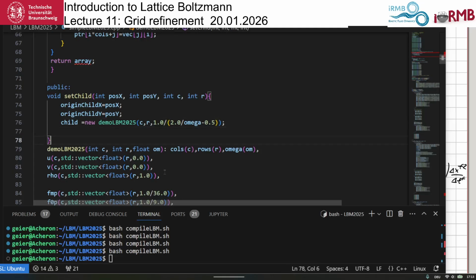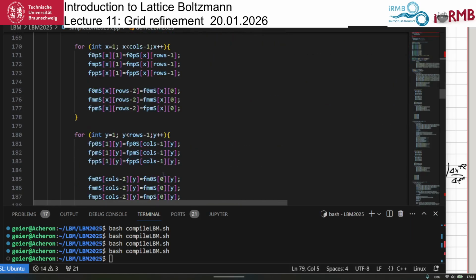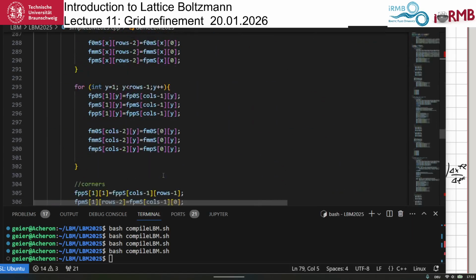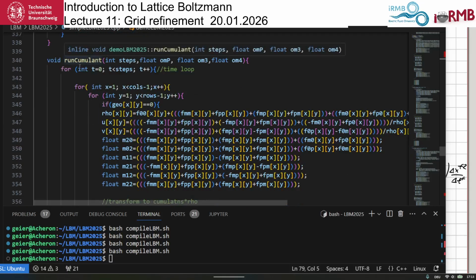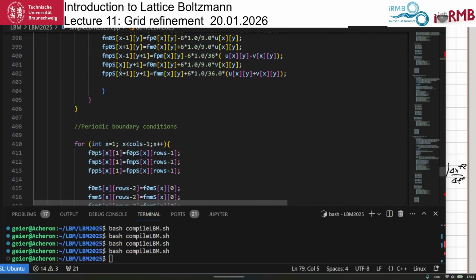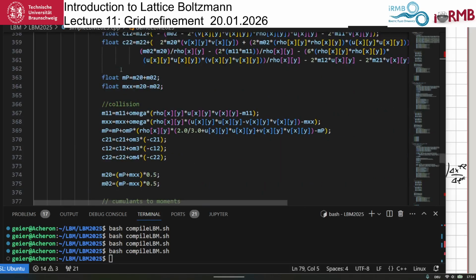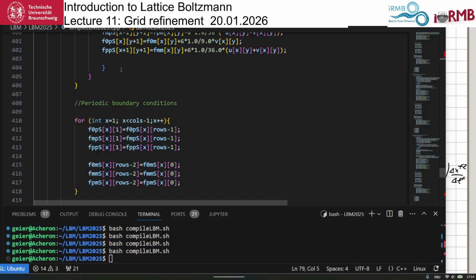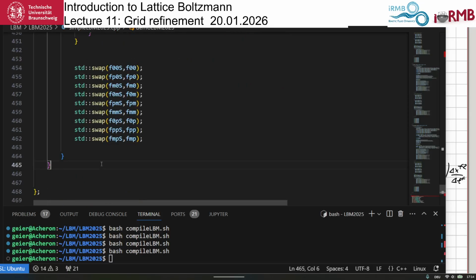Okay, so now we generated it. Now we would like to call one of our collision functions, for example the cumulant one, for periodic boundary conditions. Where is this? Here.